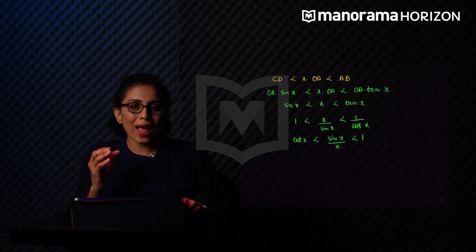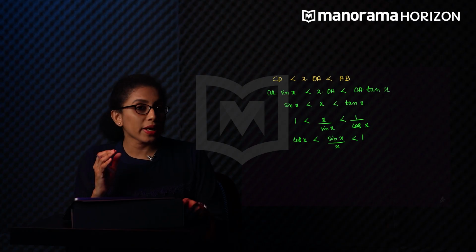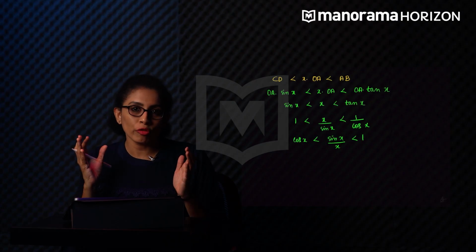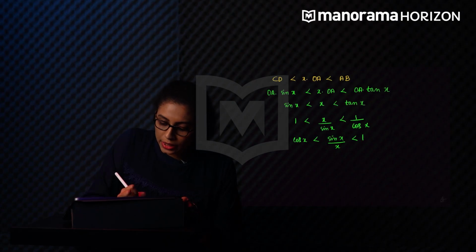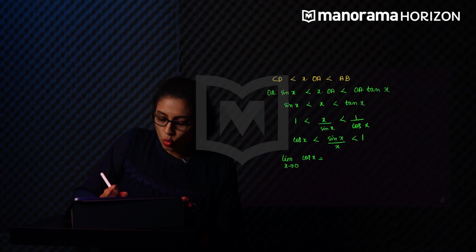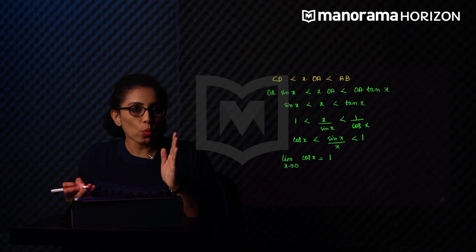And we know, as per the sandwich theorem, the middle term is sin x by x and it lies between cos x and the constant function 1. So if I apply the limit x tends to 0, cos x, what will be the value? It is 1. And the constant function is also having value 1.